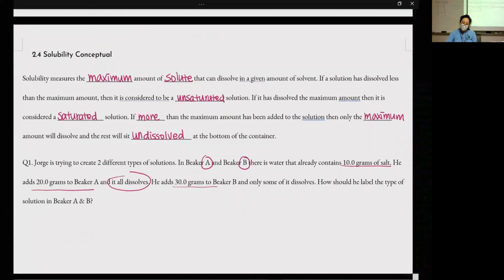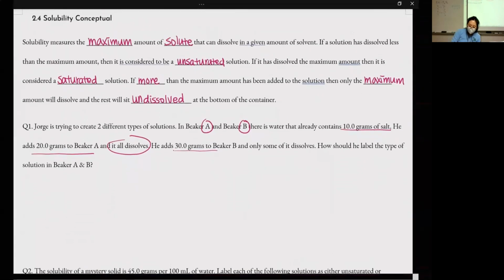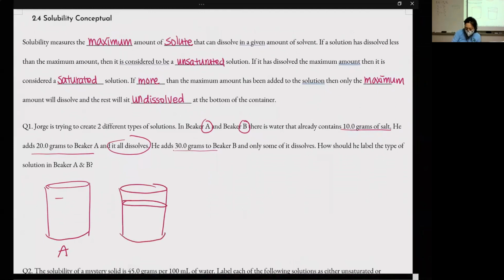Okay, so the situation is you have beaker A. We have beaker B. And then we have some water. And then we already know that there was 10 grams of salt. So he added 20 grams and it all dissolved.